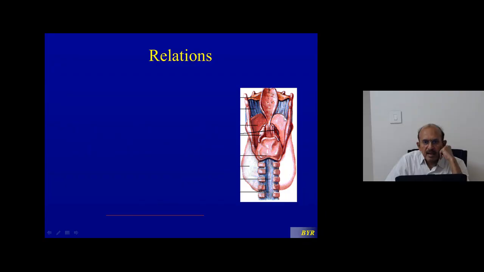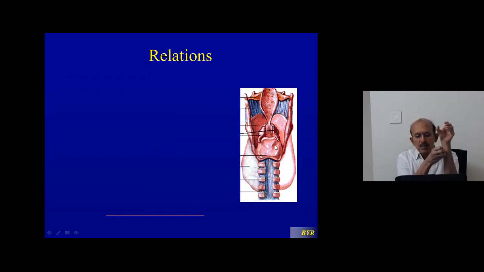Here we are seeing the larynx from behind. Thyroid cartilage is like a shield in front, but if you look behind, it is open. So you can see the thyroid cartilage is open here. Cricoid cartilage is like a ring.